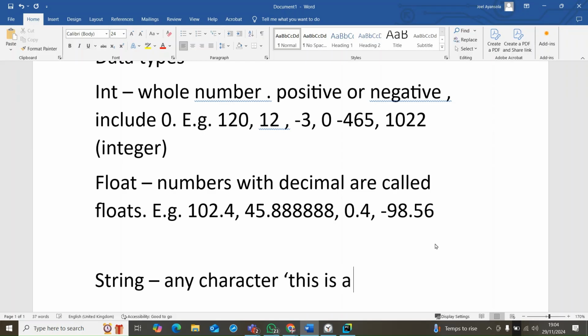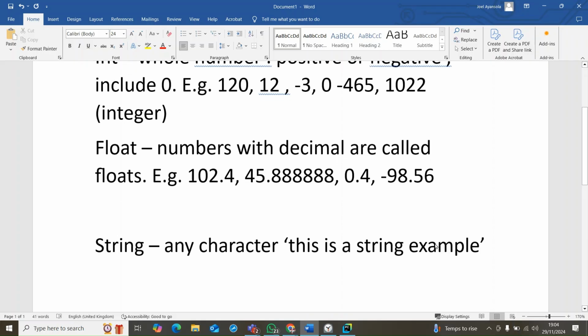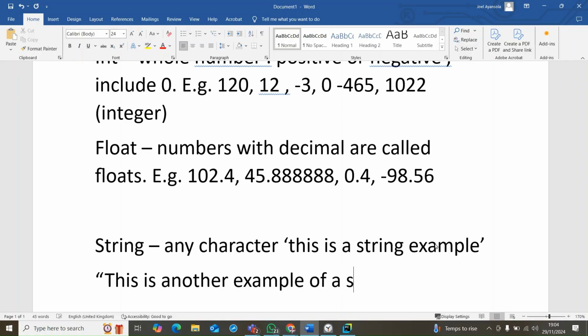So this is a string. String example. That's for single quotes. It can go in double quotes. This is another example of a string, double quote.